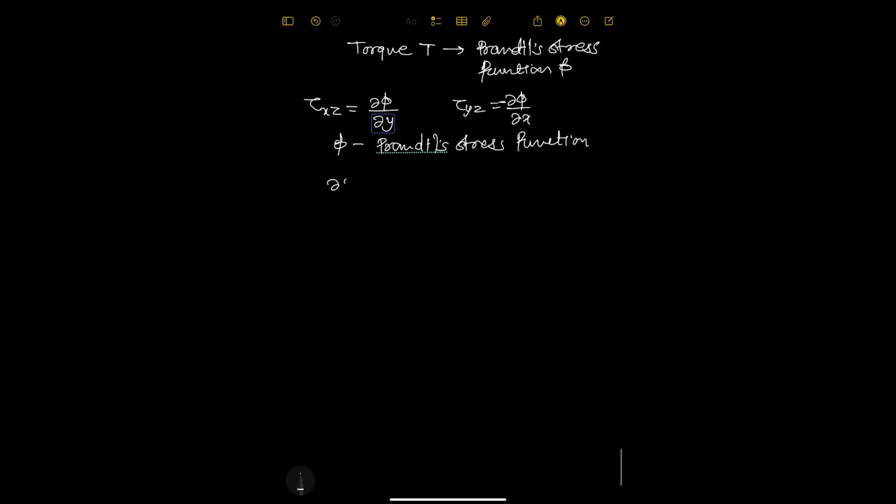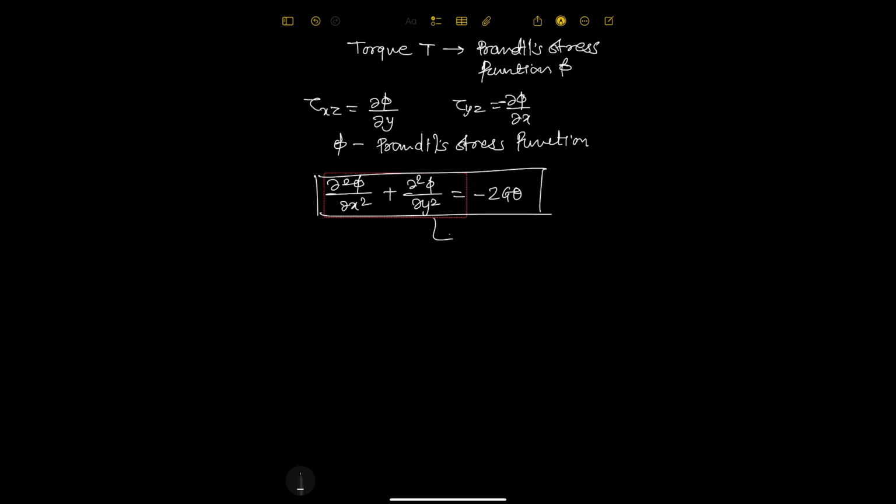From this we derived one equation, dou square phi by dou x square plus dou square phi by dou y square, which is equal to minus 2G theta, and we call this equation Poisson's equation.